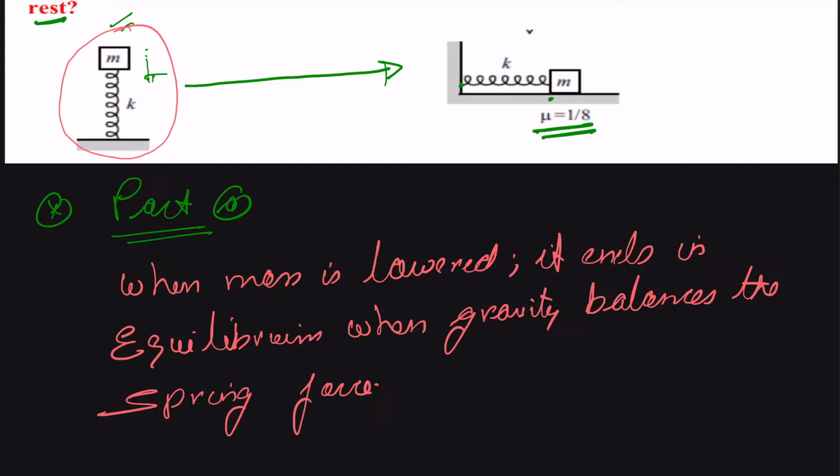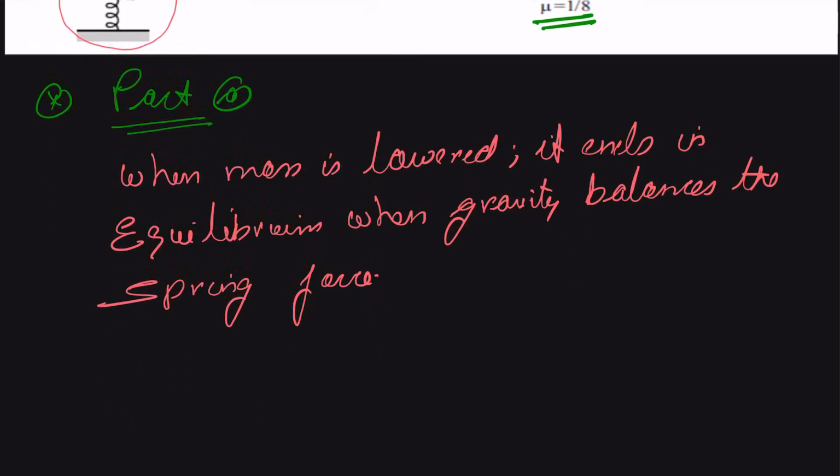We have to remember, once the spring is compressed, it is going to apply the force in upward direction, and gravity will be applying the force in the downward direction. If this is the compressed position of the spring, and this was our initial position, the mass is now at compressed state, and we assume the compression in the spring, or the distance the mass is lowered, is delta x.